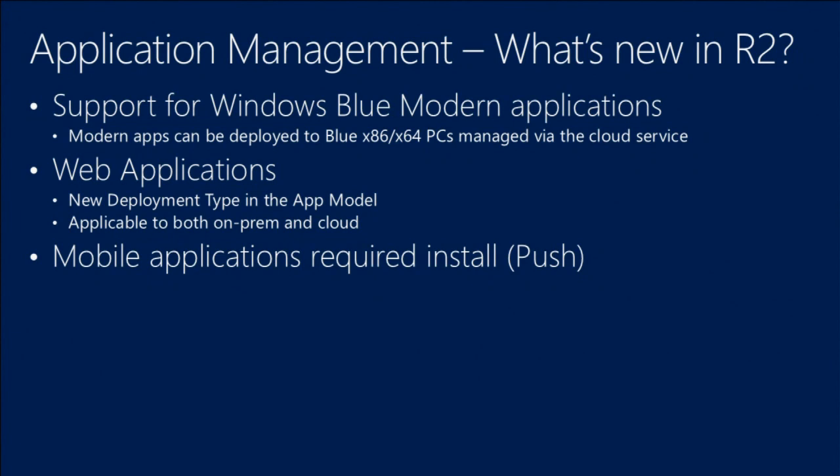The other thing that we added for mobile applications is, as we continue to evolve and get better at mobile device management, we moved from what our SP1 Windows Intune story was, which was very much a bring your own device type of scenario, to now bringing capabilities where you can do more traditional control activities, such as the ability to push applications to mobile devices.